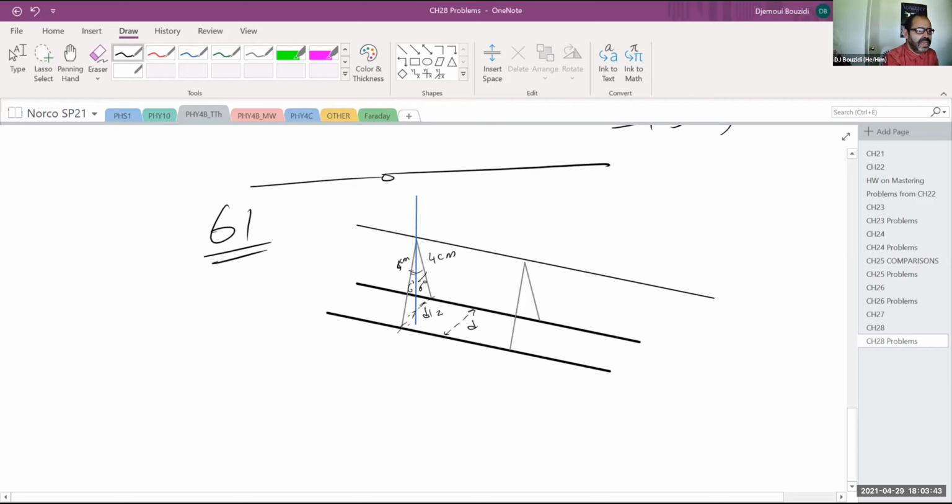It's clearly D can be found from this right angle triangle, because this is the vertical. And in this right angle triangle, D over 2 is the opposite to 6 degrees. So D over 2 over the hypotenuse, which is 4 centimeters, is equal to sine of 6 degrees. That is basically something that I can tell from geometry.